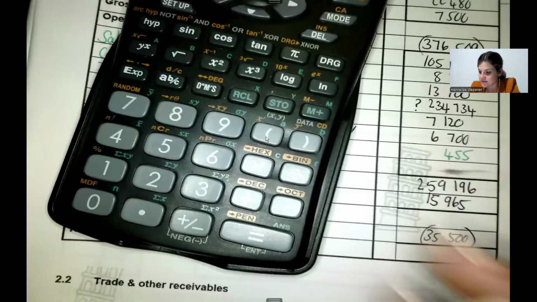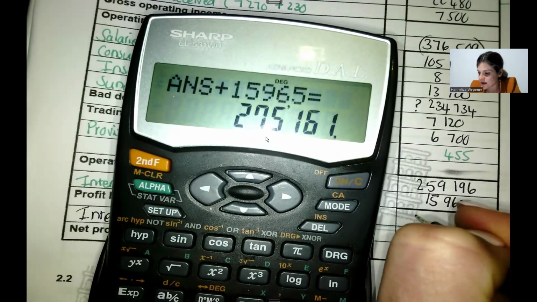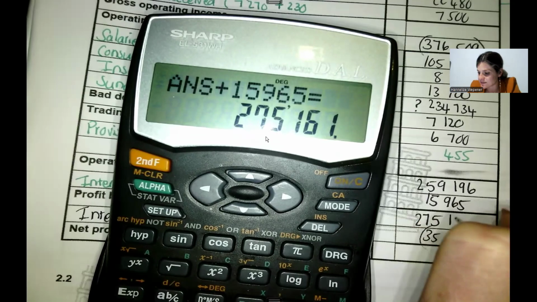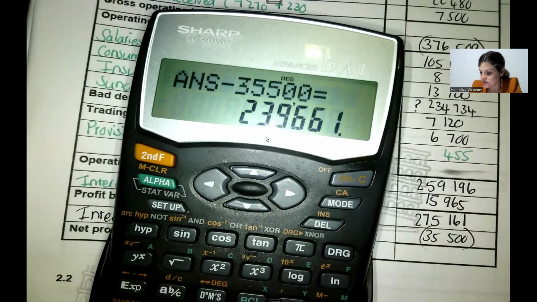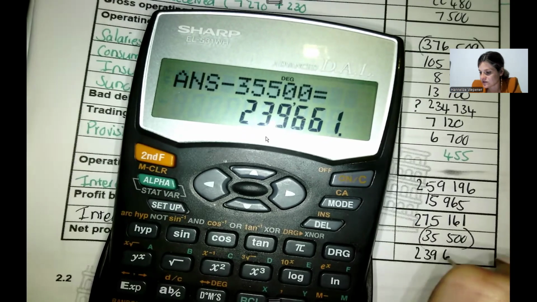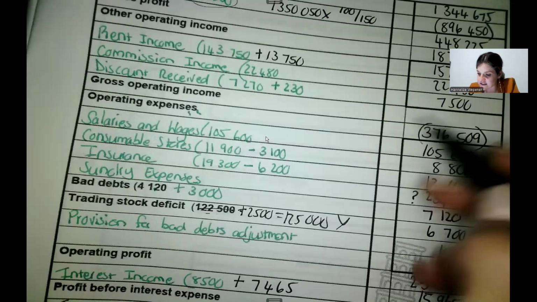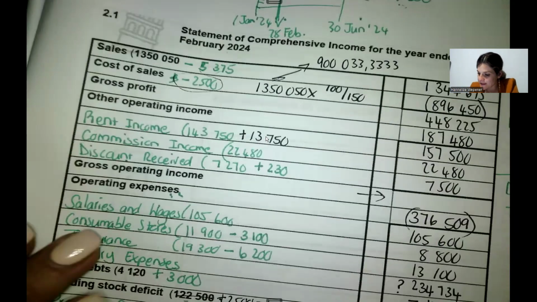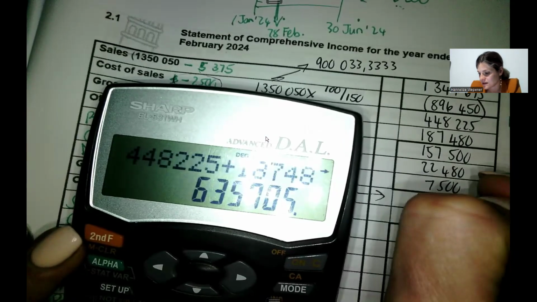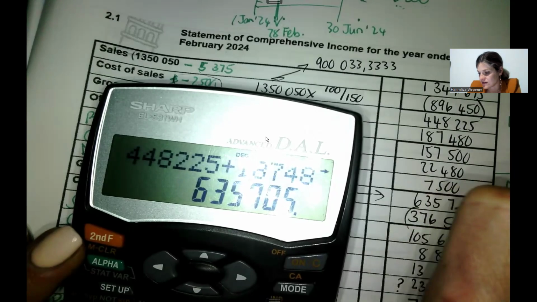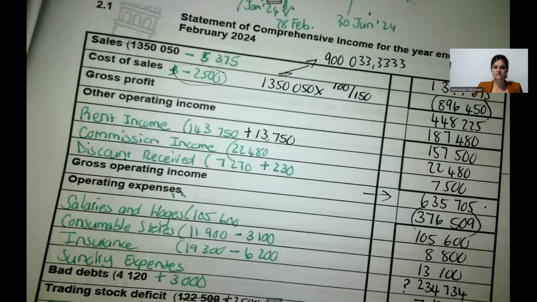Add to that my interest income to get to my profit before interest expense. Minus my interest expense to get to my net profit for the year. And then the last thing I haven't done yet is my gross operating income, my gross profit plus my other operating income, 635,705. And that is it. That is a SOCI.